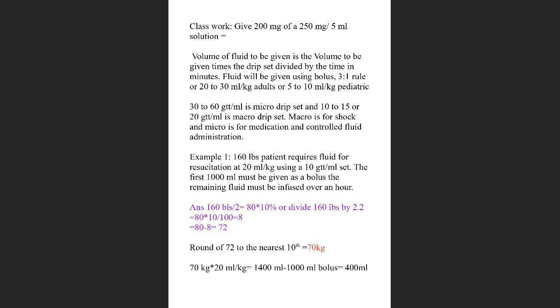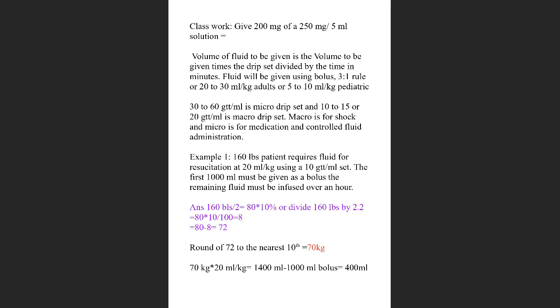So if you have a patient that you suspect has lost 1,000 mils or 1 liter of blood, how much fluid would you give based on the 3-to-1 rule? Quickly, let's not drag it out. Pretty straightforward.